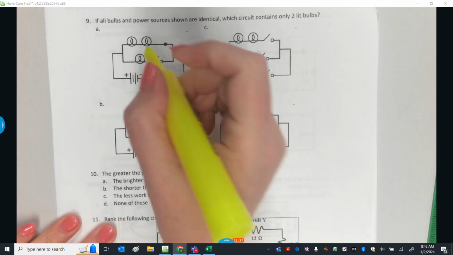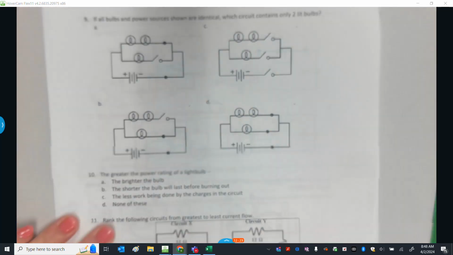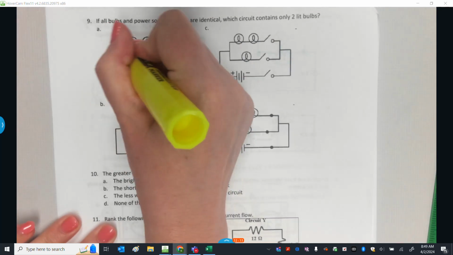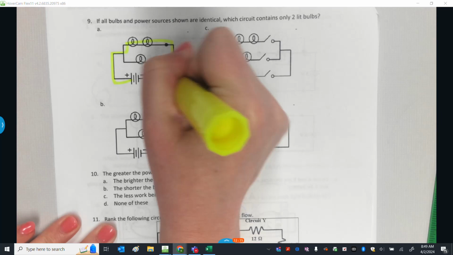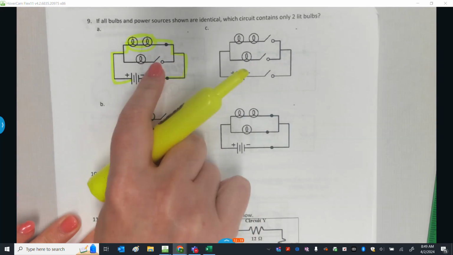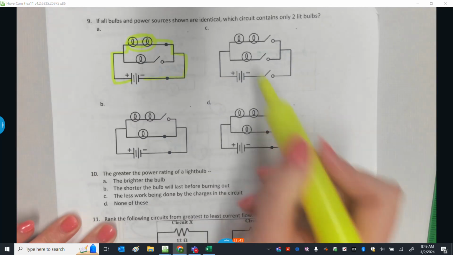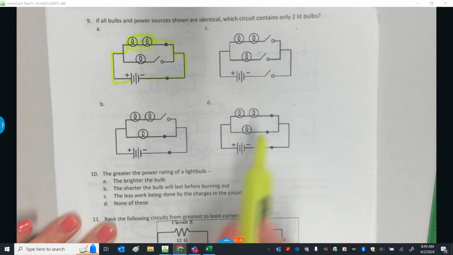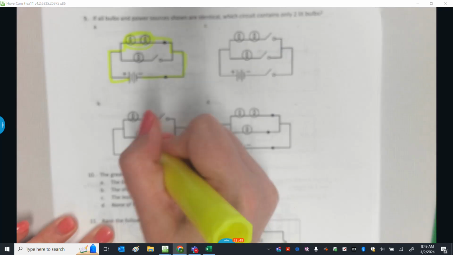You have 2 loops here. These are all combination circuits technically. But if you trace those loops, this one right here, you're going to have 2 bulbs lit because the switch is closed. Both of these will light, but this one won't because the switch is open. So that loop is not complete. This one's going to have 0 lit bulbs because all the switches are open. This one would have only 1 bulb lit.